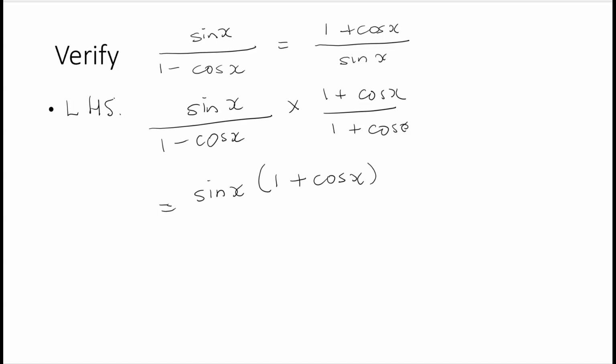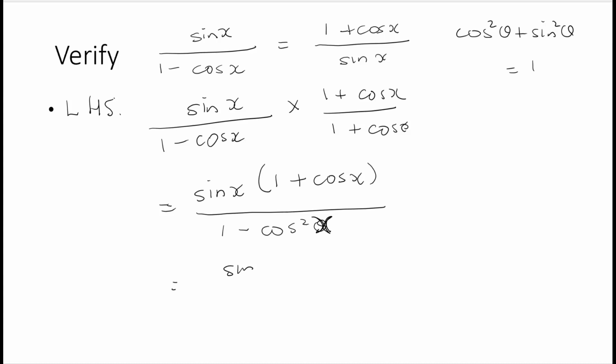And you should recognize by now that if you multiply the bottom line together like that, you're going to get 1 minus cos squared x. Now remember again, cos squared theta plus sine squared theta equals 1. So 1 minus cos squared theta equals sine squared.